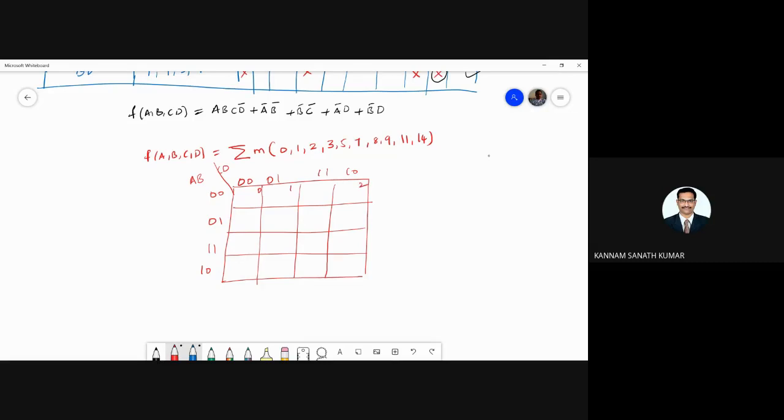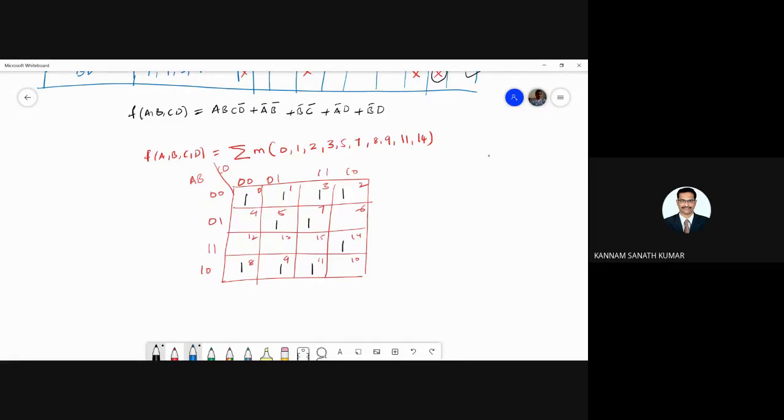Okay, so 0, 1, 2, 3, 4, 5, 6, 7, 8, 9, 10, 11, 12, 13, 14 and 15. Okay, these are the cells. Now you have to write the ones in the min terms. Okay, so 0, 1, 2, 3, 5, 7, 8, 9, 11 and 14.